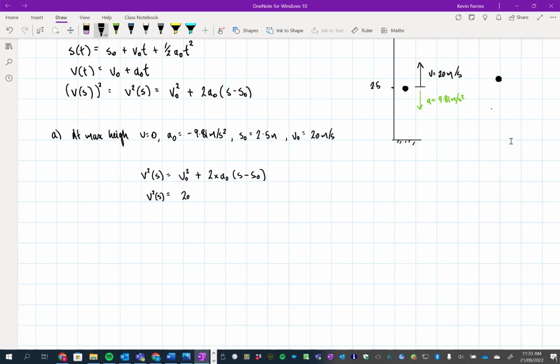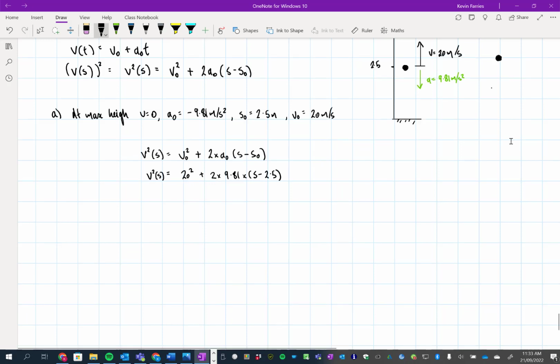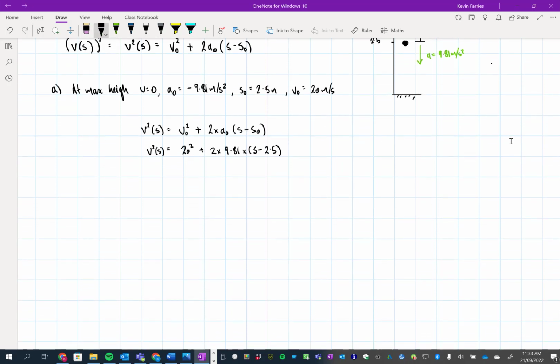It's going to be 20 squared plus 2 times 9.81 times, the distance is what we're trying to figure out, distance minus initial displacement, which was minus 2.5. And we knew that that final velocity, the velocity we're looking for, is going to be 0. So therefore, because it stopped at the maximum height, it's going to have 0 velocity.